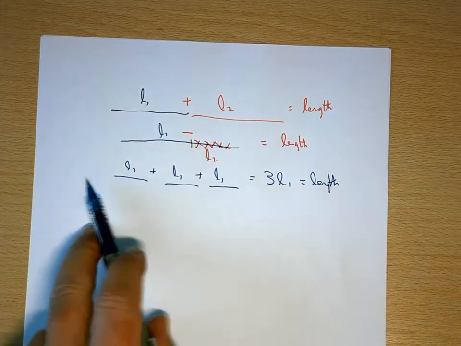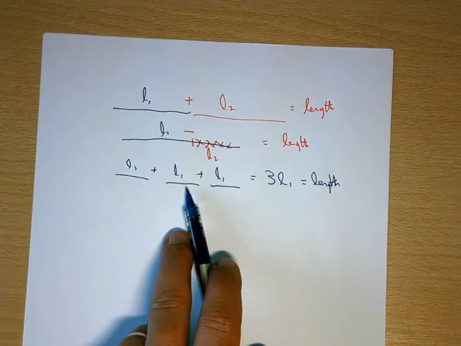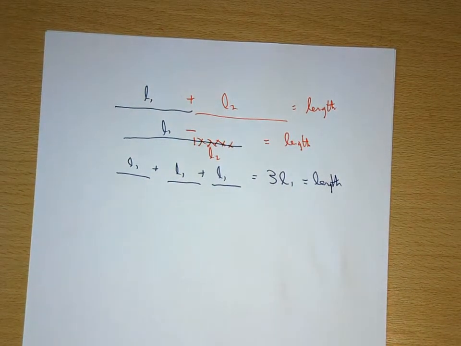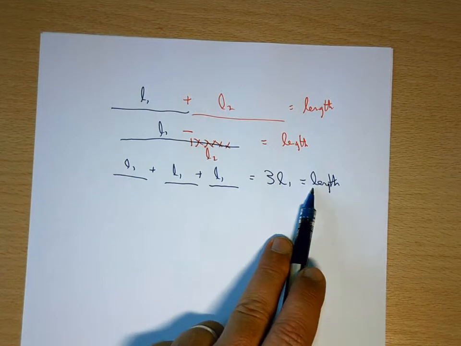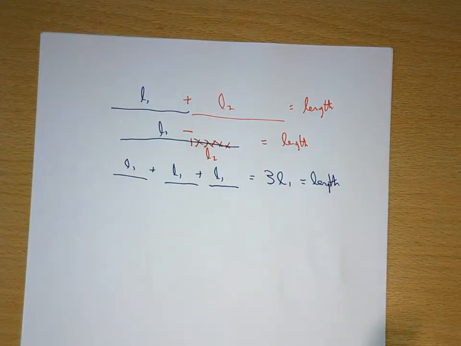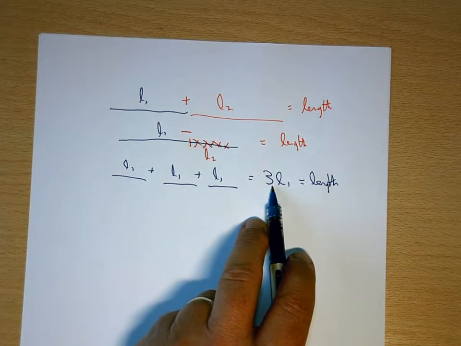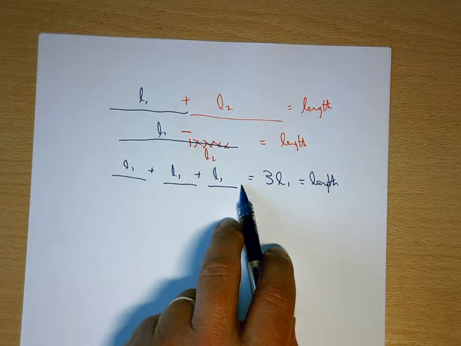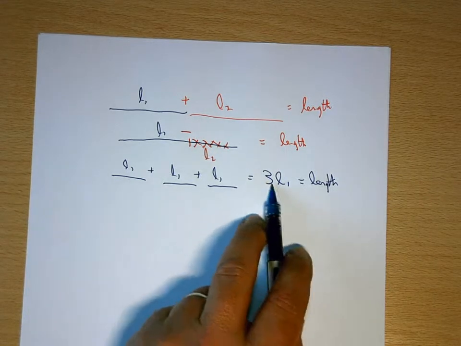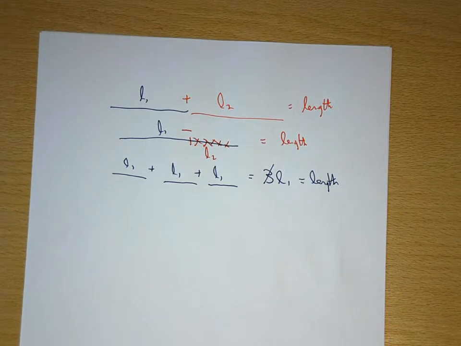So the 3, because multiplication is repeated addition, that 3 doesn't actually add anything to the fact that you end up with a length. So if in a formula you have a constant that's multiplied by a length, then you can pretty much ignore it, because all it does is produce an extra length.